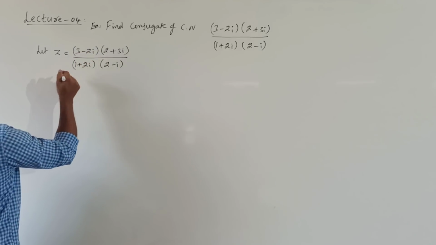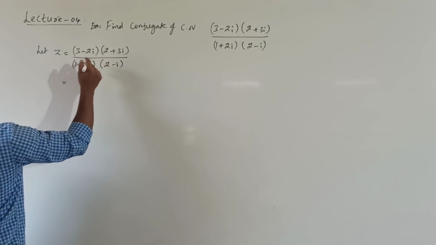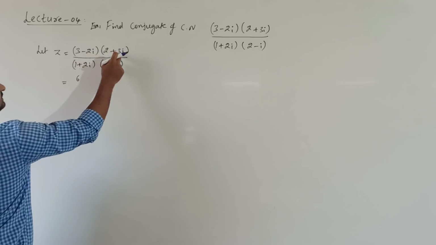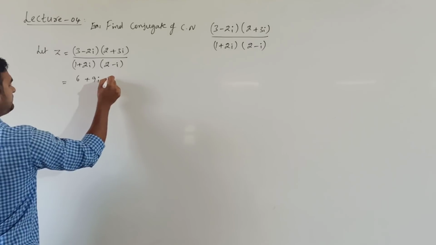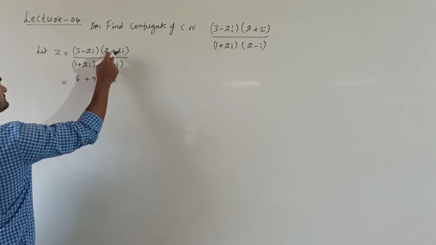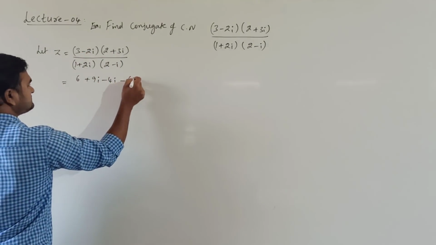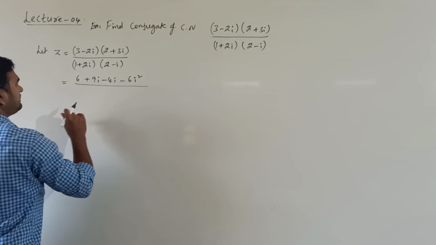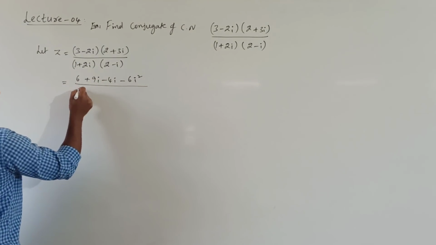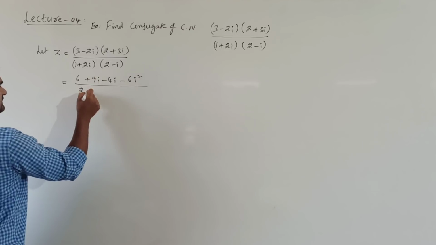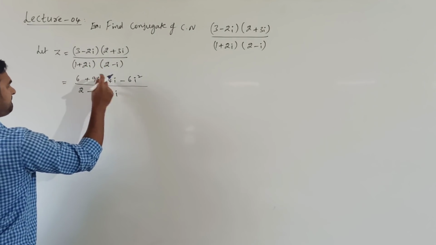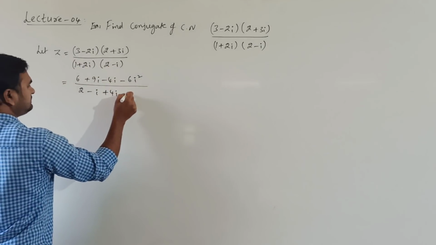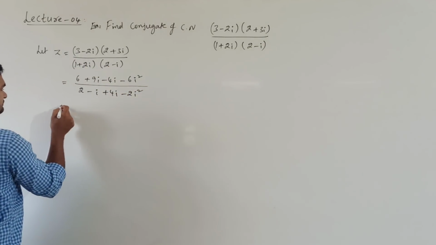So first we multiply the numerator: 2 into 3 is 6, 3 into 3i is 9i, minus 2i into 2 is minus 4i, minus 2i into 3i is minus 6i square. Denominator: 1 into 2, 1 into minus i, 2i into 2 is 4i, 2i into minus i is minus 2i square.